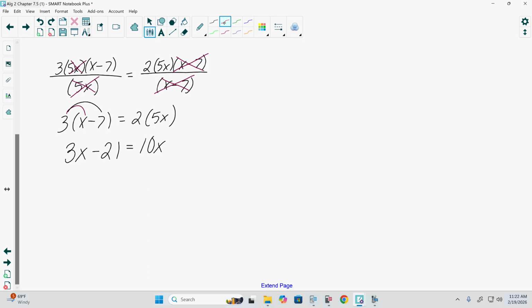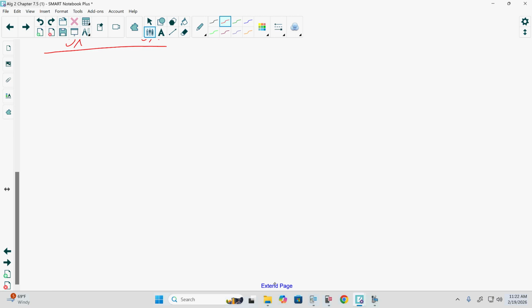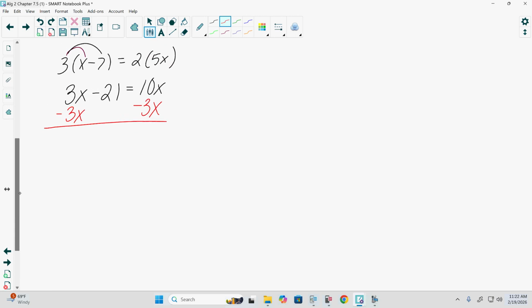So what I would do is move the x over by subtracting 3x. Because on the left-hand side, 3x minus 3x is 0. Leaving us with negative 21 is equal to 7x.